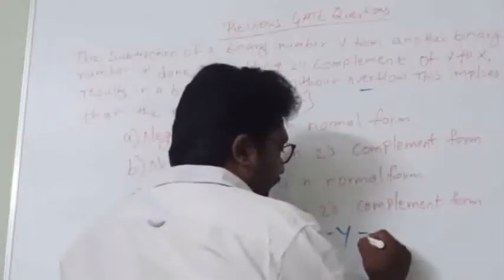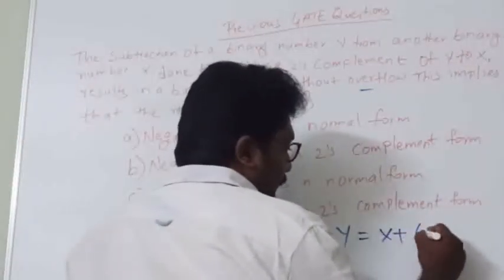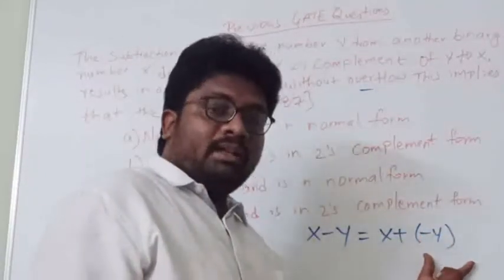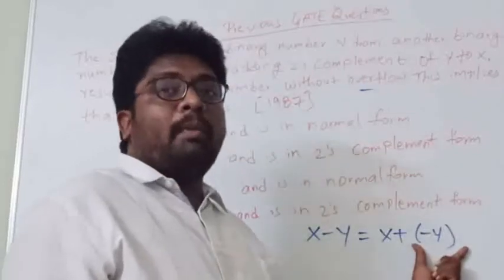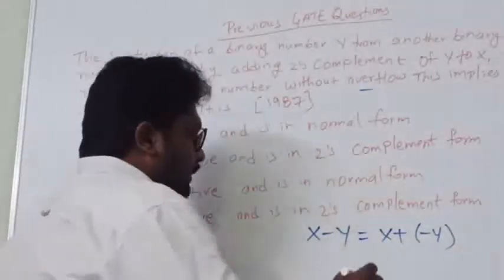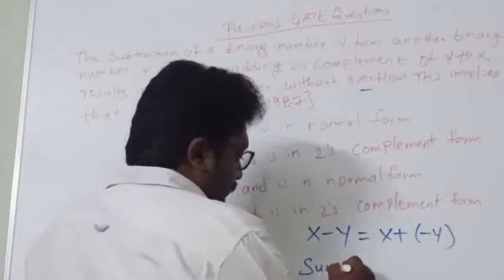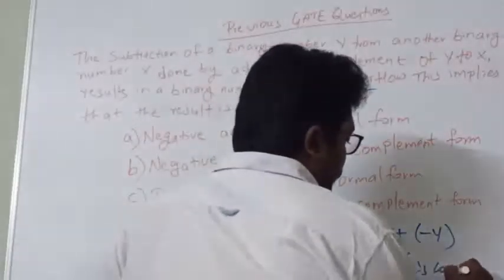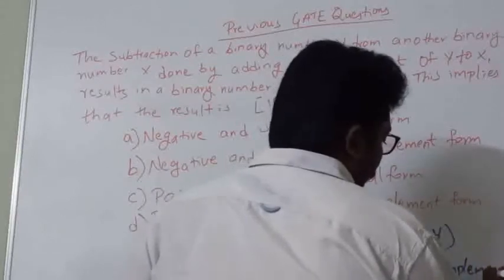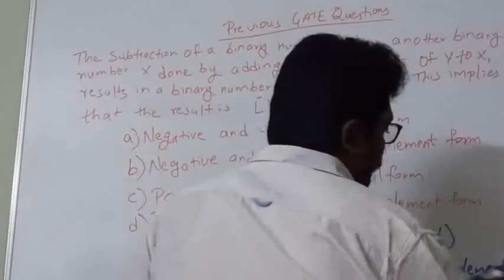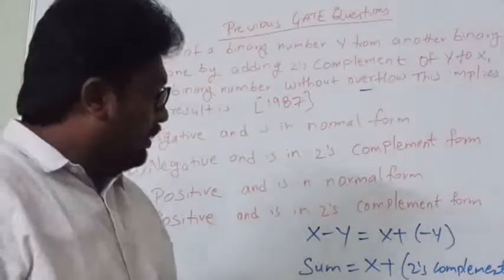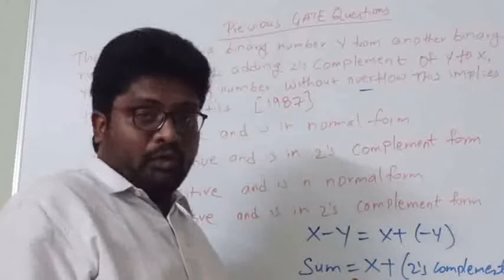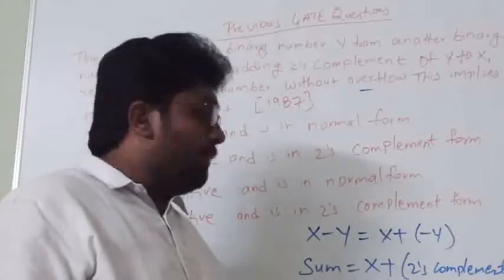We can write x minus y as x plus (minus y), and this minus y is nothing but the 2's complement representation of y. So the sum is equal to x plus 2's complement of y.